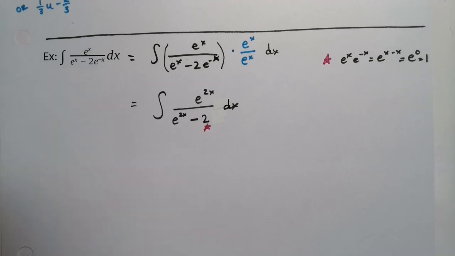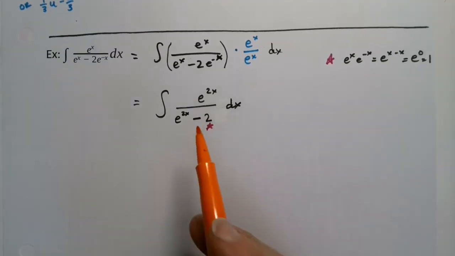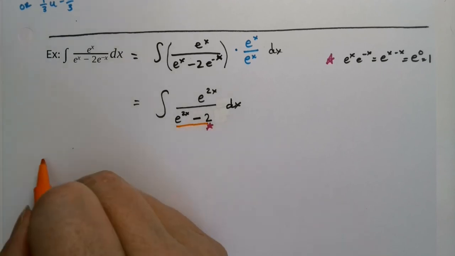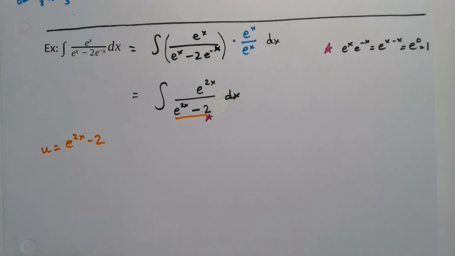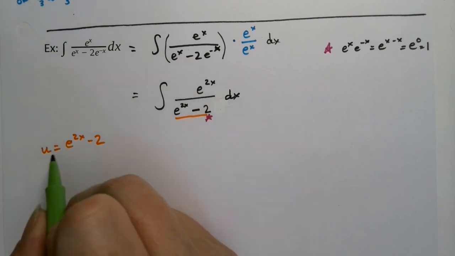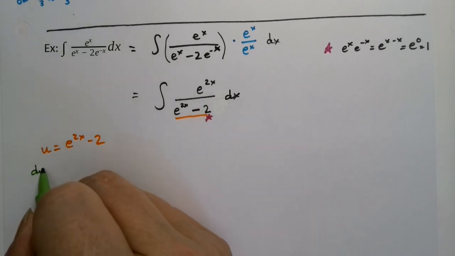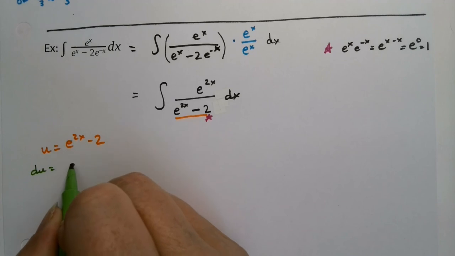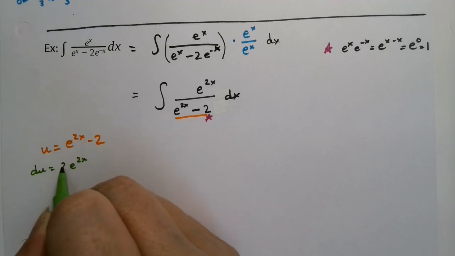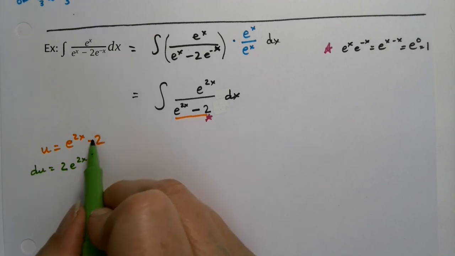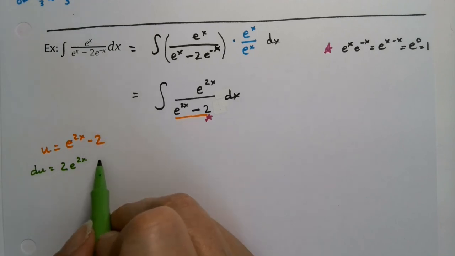Nice, huh? You're thinking, well, that didn't make anything easier. Oh, yes, it did. Because that denominator is your u, and that numerator is mostly your du. du would be e to the 2x, because the derivative of e to the x is e to the x, but because there's a 2x, you'd multiply it by 2. And then minus the derivative of 2 is 0, so nothing.